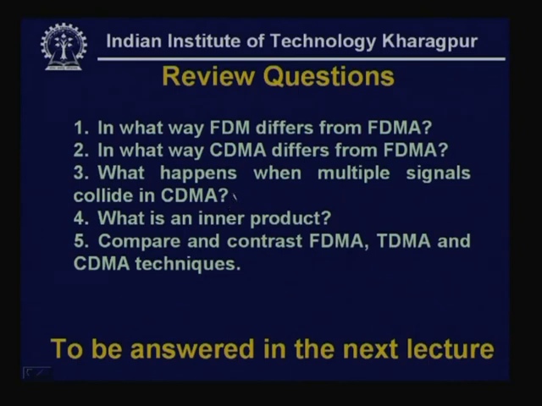We have seen that in CDMA the transmissions from different sources are done simultaneously, so whenever a collision occurs, what happens in case of CDMA, that is the third question. Fourth question is, what is an inner product in the context of CDMA? Fifth question is, compare and contrast the FDMA, TDMA and CDMA techniques which have been discussed in this lecture. So, these are the 5 questions to be answered in the next lecture.